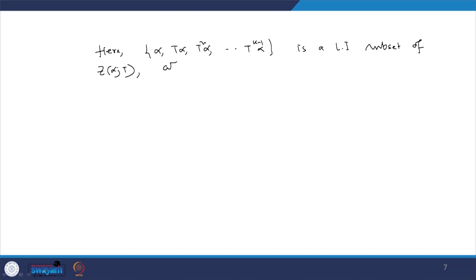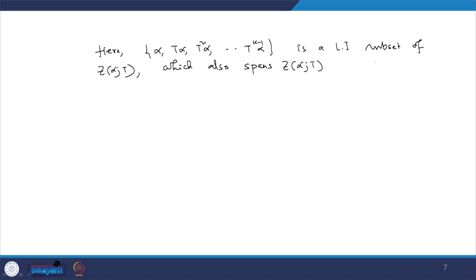Here also we can see that alpha, t alpha, t square alpha up to t k minus 1 alpha is a linearly independent subset of z alpha t, which also spans the subspace z alpha t.